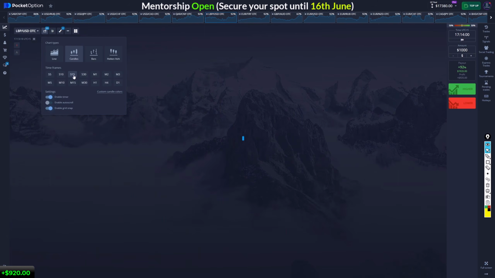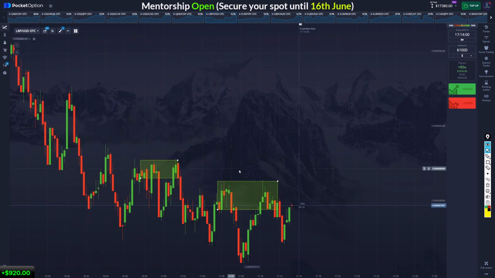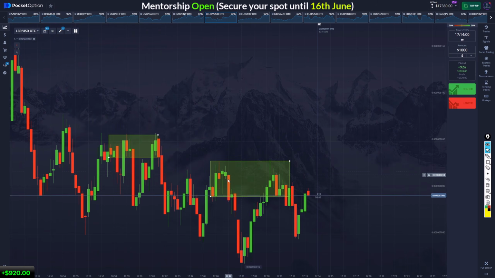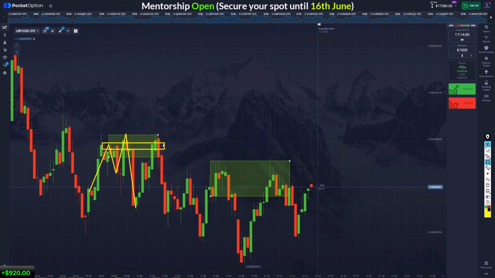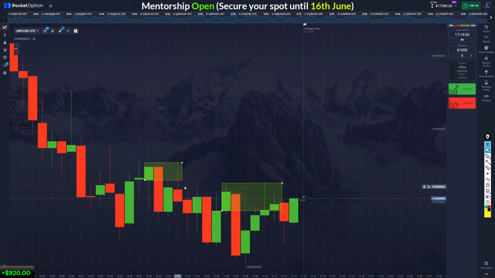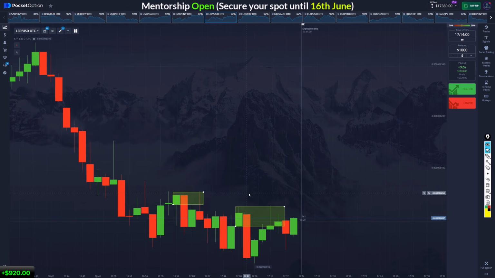In both of these, we got a QM happening inside of that zone. That's why it's reacting. What about this one? It's a very ugly QM, but still, that's a QM happening. That's why both of them have reacted.